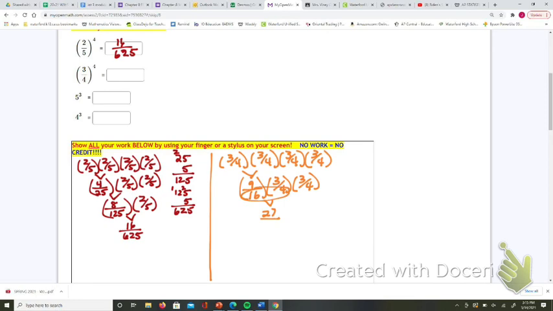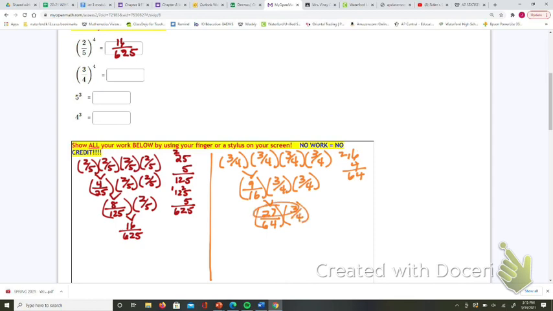16 times 4, we're going to do that off to the side. 4 times 6 is 24, carry the 2. 4 times 1 is 4, plus 2 is 6. So we have 27 over 64 times 3/4.